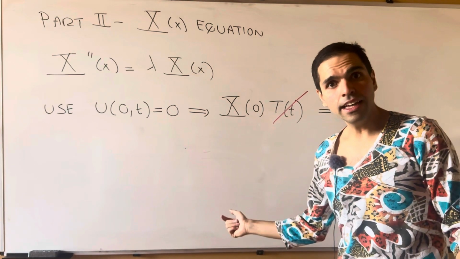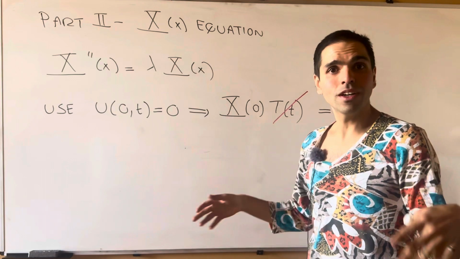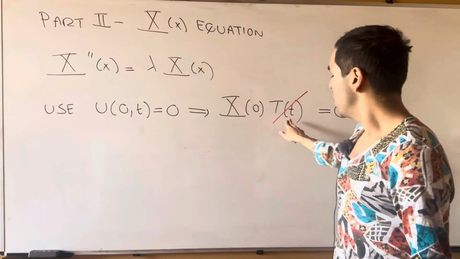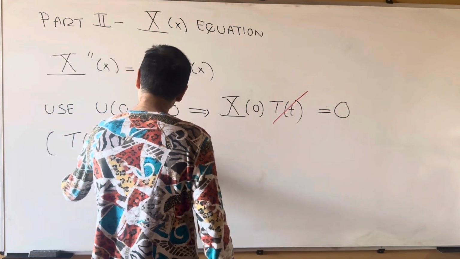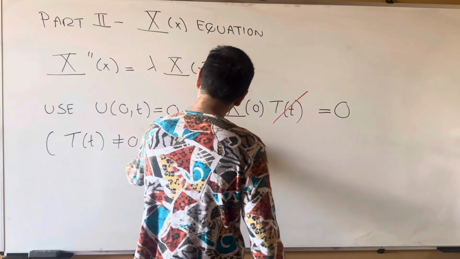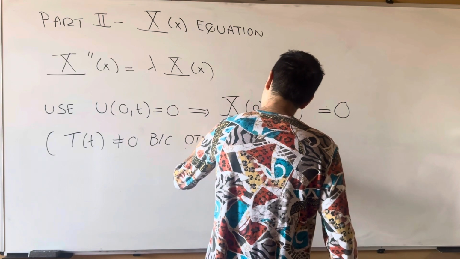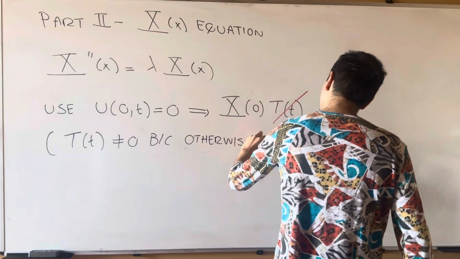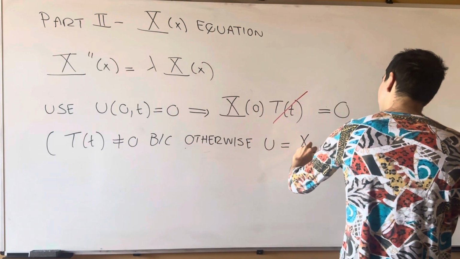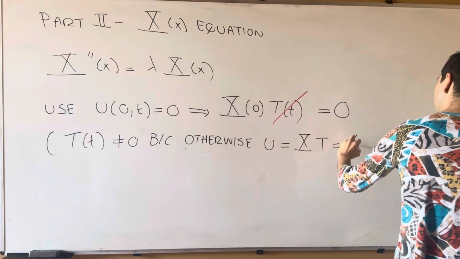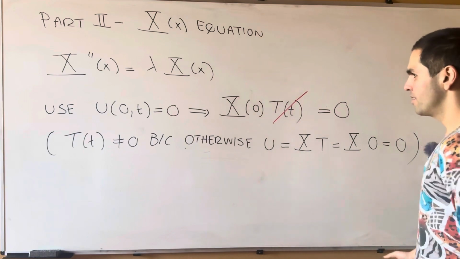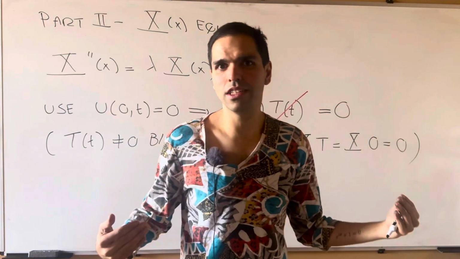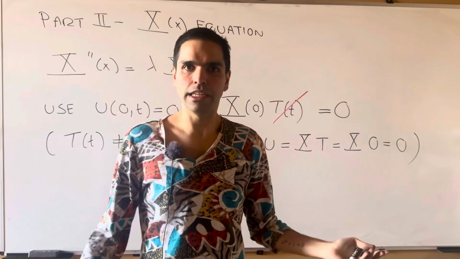But once again, be careful. You don't want to divide by 0. But notice, t of t is non-zero, because otherwise, remember, u is x times t, which would be x times 0, and that would be 0. And 0 solutions in this case are not very interesting.